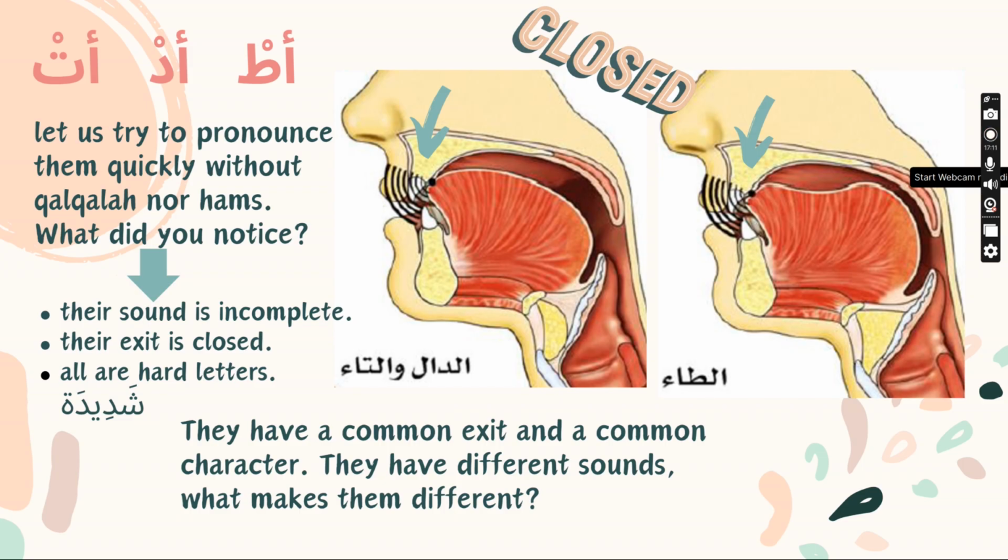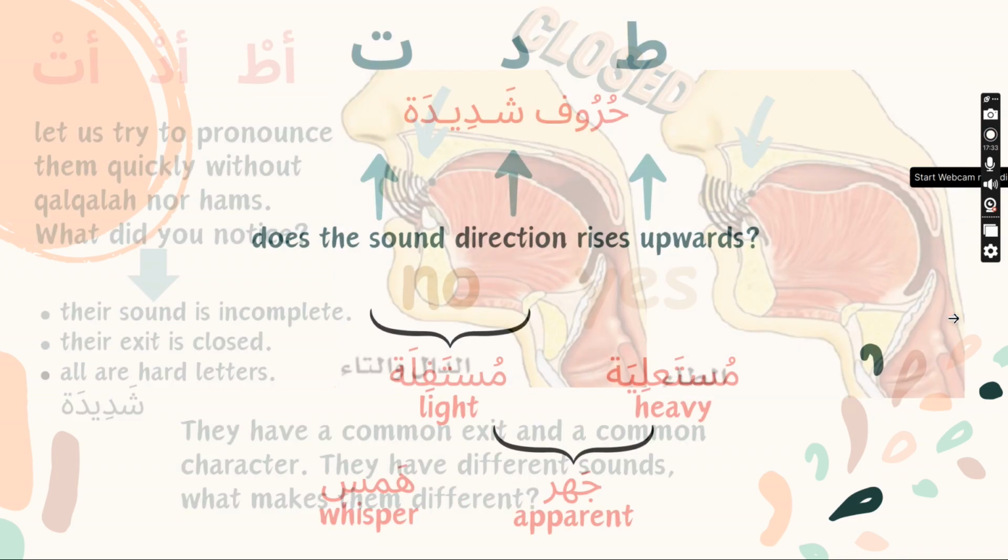Now notice that whispering character is always accompanied with the ta, okay? Many say that the kaf and the ta are only whispered when they are sukoon, but this is wrong. It's a character that accompanies the kaf and the ta in all cases.